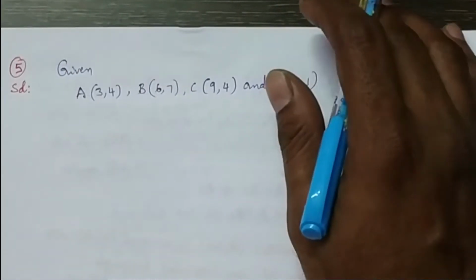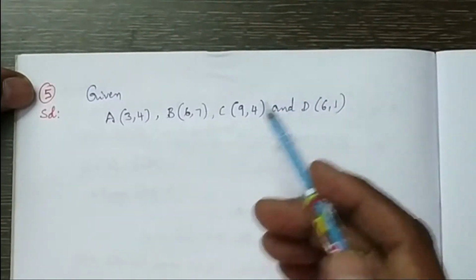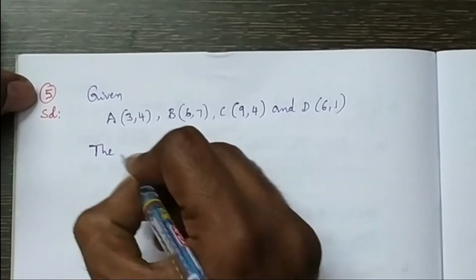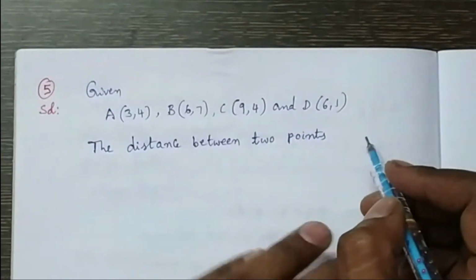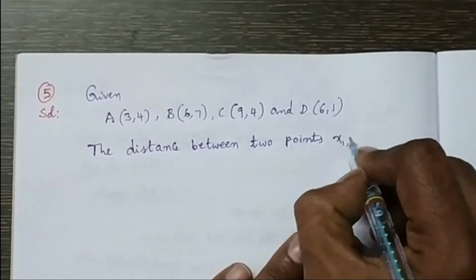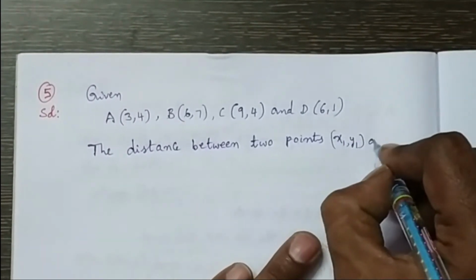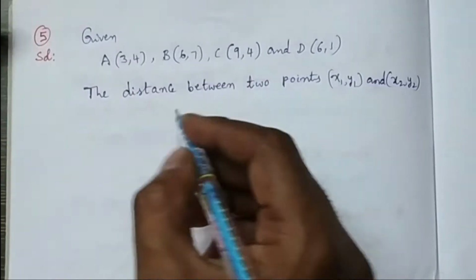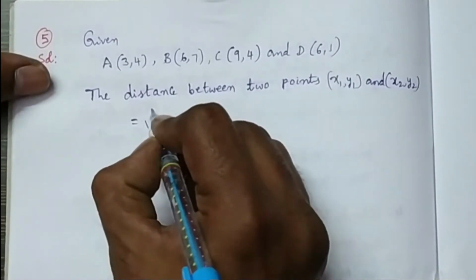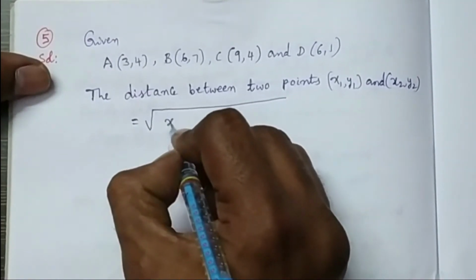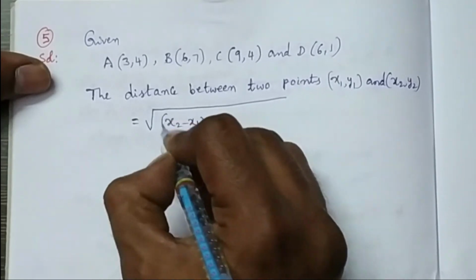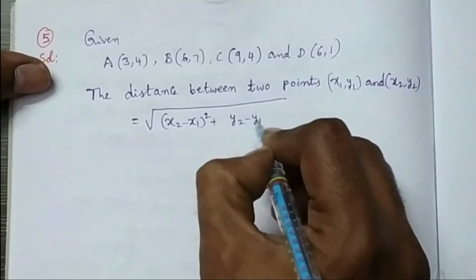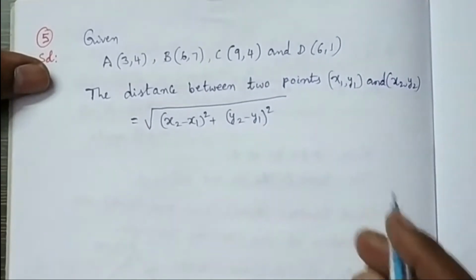Lengths means distance. So first write the distance formula. The distance between 2 points, one point x1, y1 and the other x2, y2, is equal to square root of x2 minus x1 whole square plus y2 minus y1 whole square.